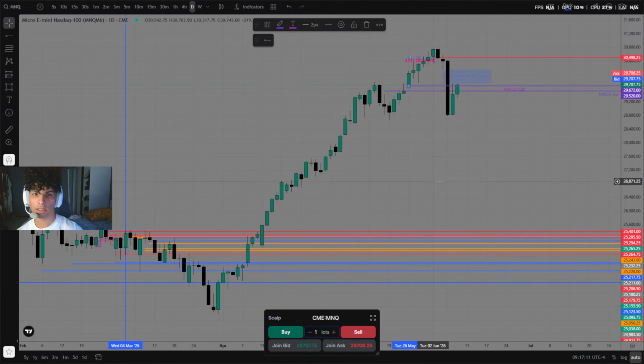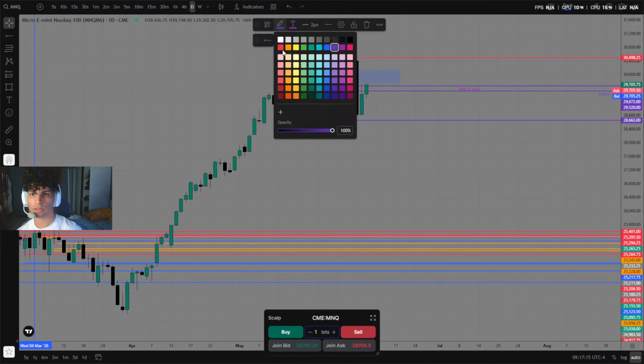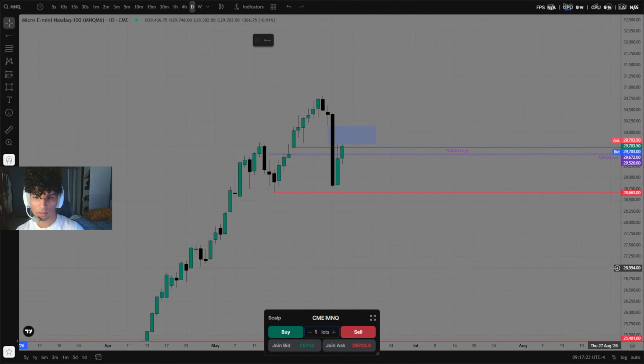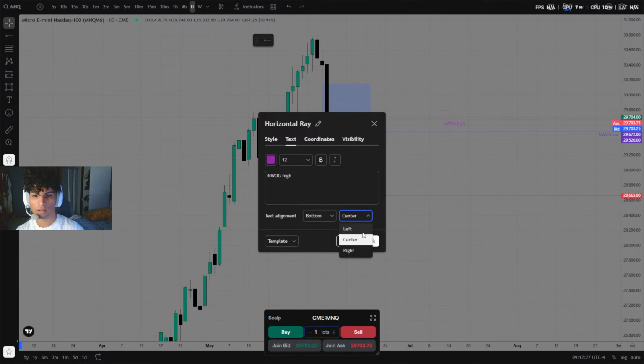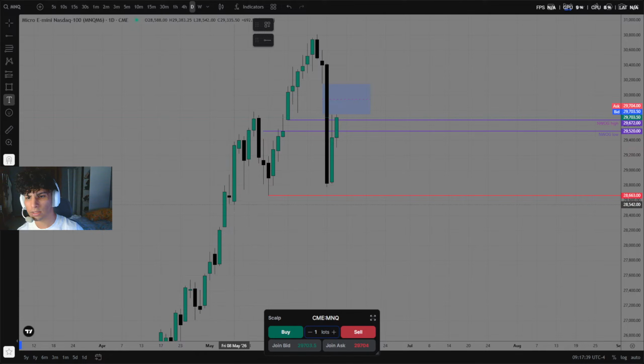So in the daily, we have a price that didn't take this sell side liquidity, this one right here. So by looking at the narrative, maybe the price will fill this gap and go down, or just from here go down directly to this imbalance right here, this one.